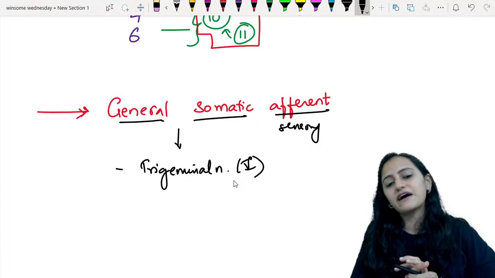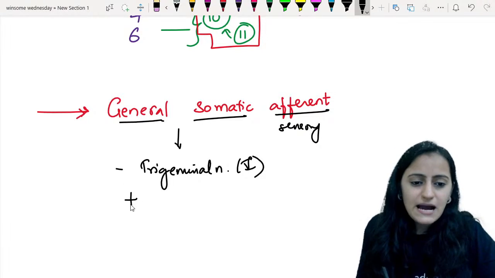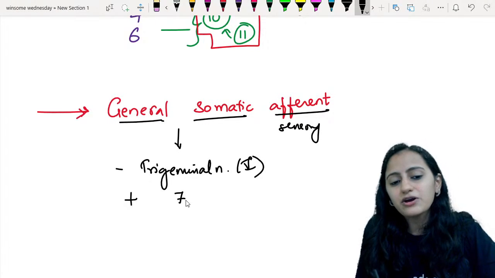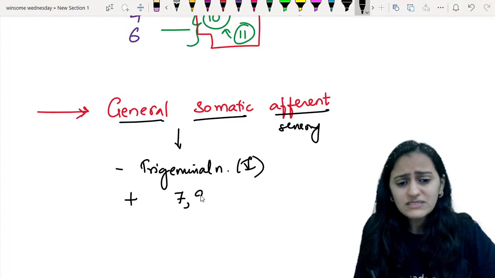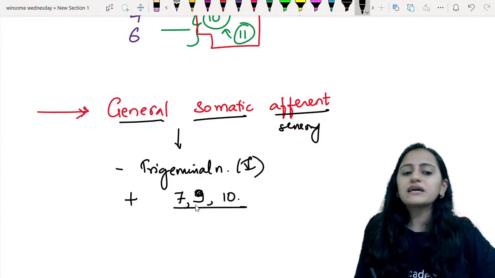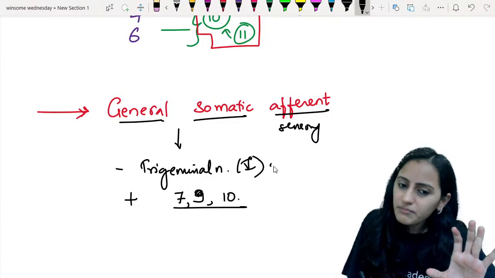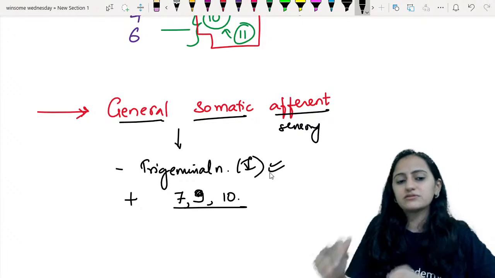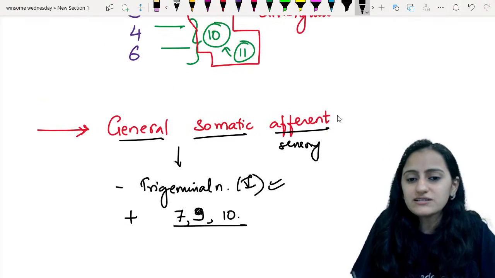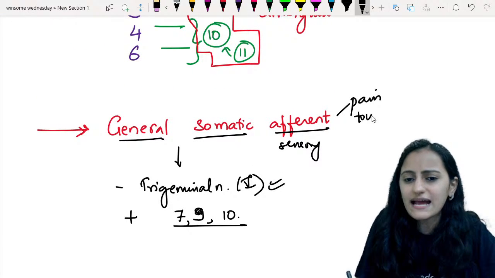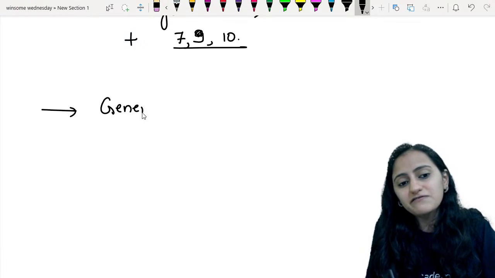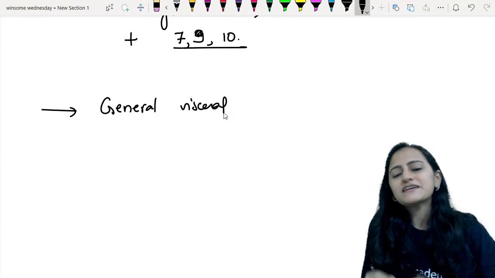Some books also include the sensations from the ear carried by cranial nerve 7, 9 and 10. But remember, most important is your 5th, the sensations from the face. ये हो गया general somatic afferent. So general somatic is basically your pain and touch, these sensations. What is general visceral afferent? Okay, just stay with me.